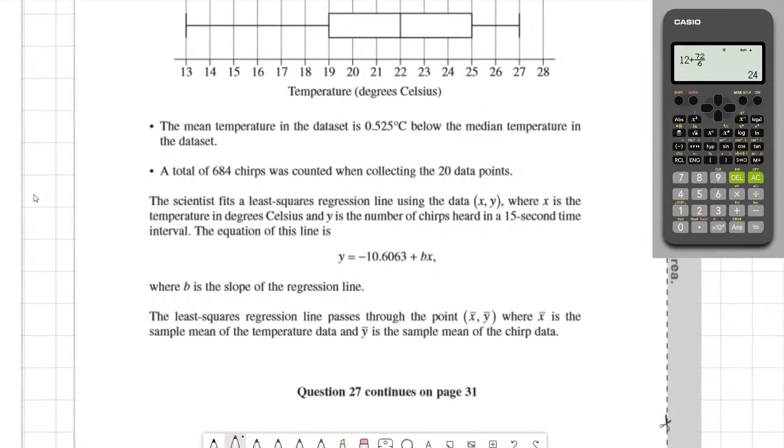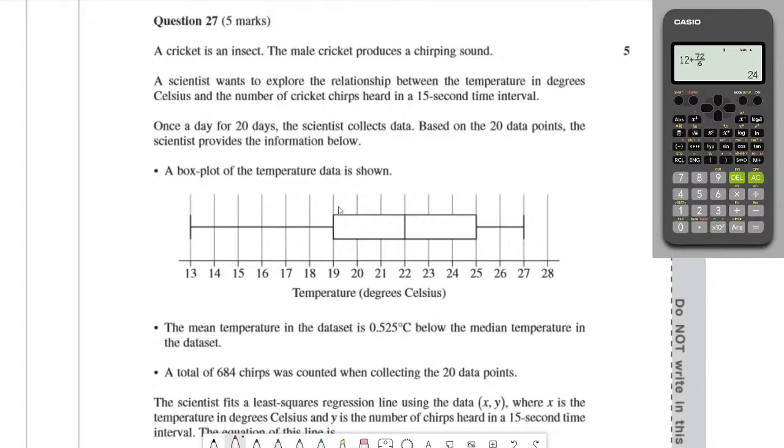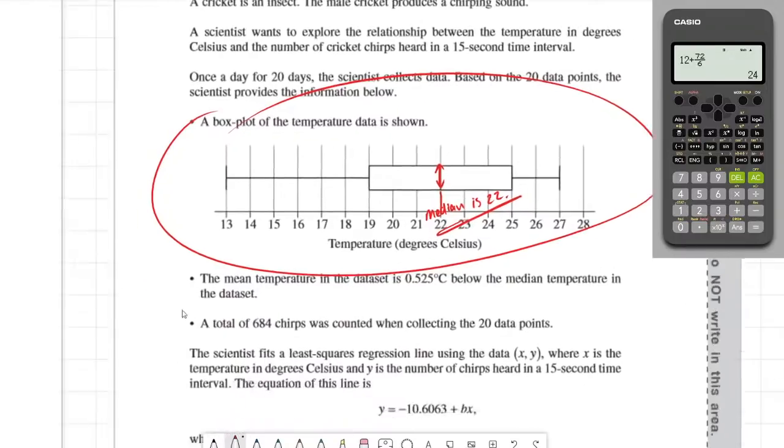Also there's so much information here, and this massive graph is just so that you know that the median is 22. That's the only reason you need this whole graph. So we're going to ignore that. It can go.